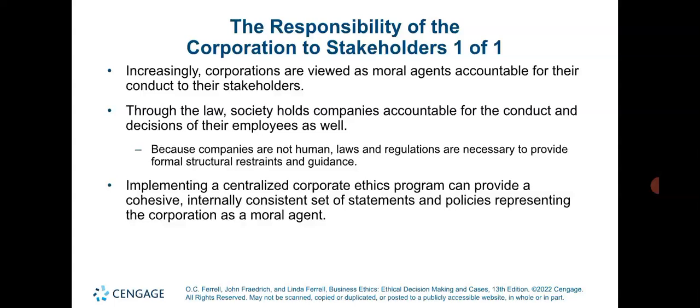Okay, so for that, specifically, corporations should have an ethics program, a specific program that addresses general ethics issues.